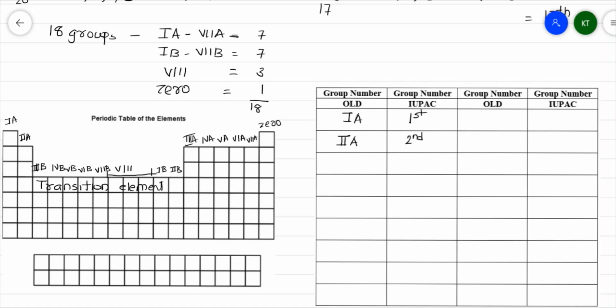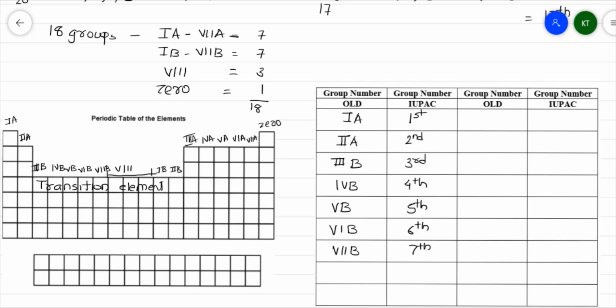Then here I have 3B, where the transition elements start. 3B becomes third, 4B becomes fourth, 5B becomes fifth, 6B becomes sixth, 7B becomes seventh.